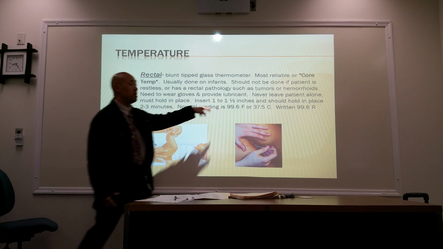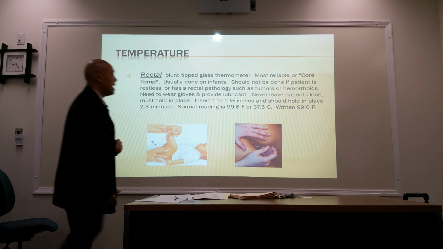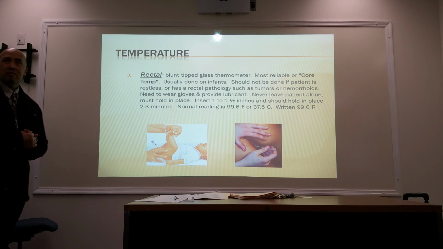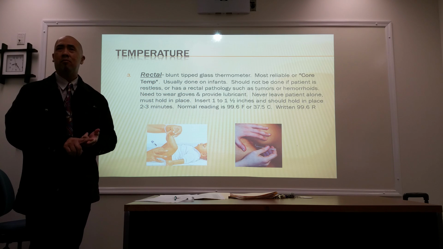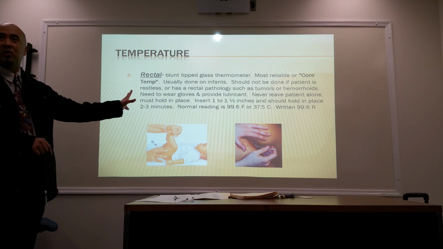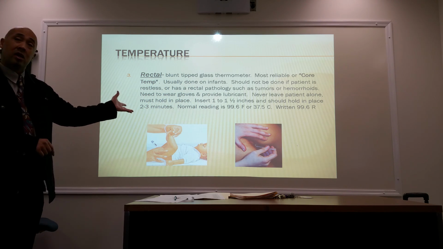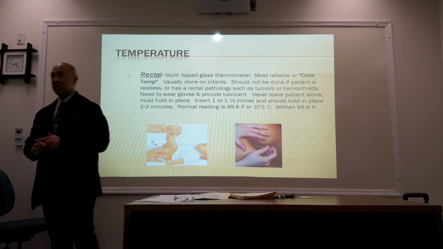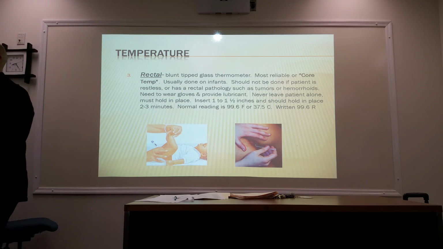And be nice to your patient, lubricate it. Never leave the patient alone. You must hold it in place for about 2 to 3 minutes. Oral 98.6, axillary 97.6. This is as close to the core temperature as you can get, 99 or 99.6, around there. And it's written as 99.6 R for rectum. Any questions? All right, let's keep on going.